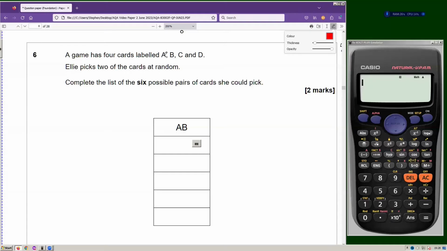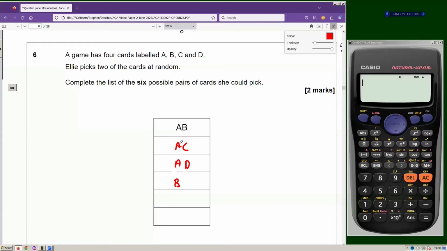We start with A, and A can be AB, or AC, or AD. I like to keep the first one the same. So we've gone through all the ones with A in it. We've already covered AB, and now we look at anything starting with B that we haven't got already.